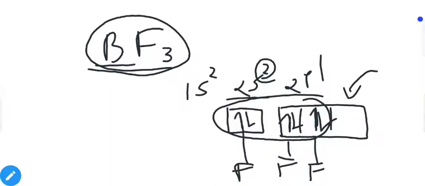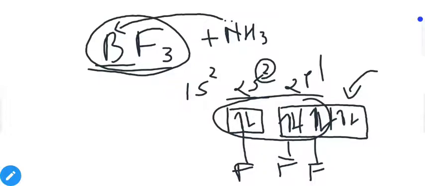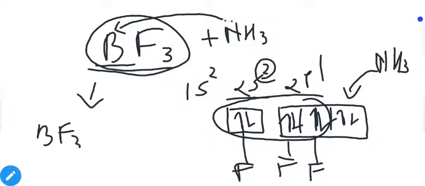So when BF3 reacts with NH3, and we know nitrogen carries one lone pair in NH3, the lone pair of electrons will be donated into the empty orbital of boron, that means here. So because of donation of electrons from the nitrogen of NH3, we can produce the BF3·NH3 compound.